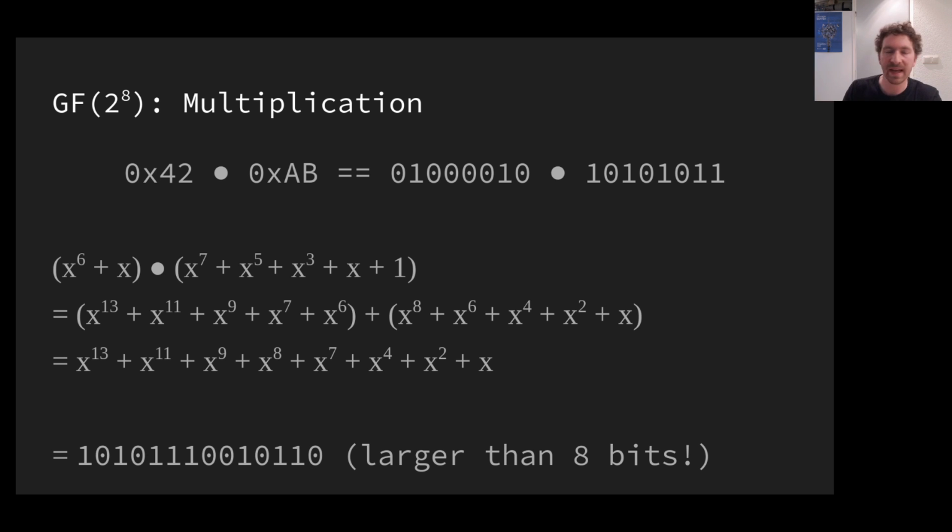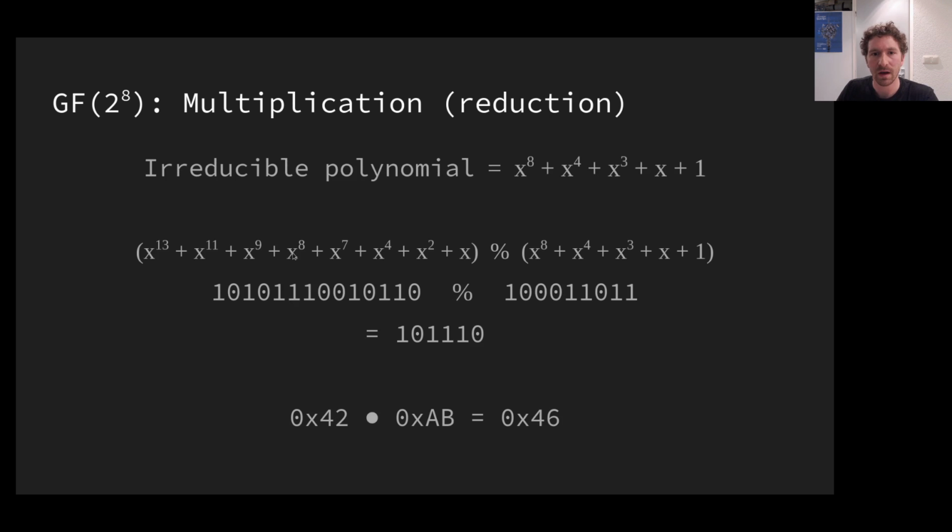When you do any kind of operation, multiplication, addition, subtraction, division, you have to get back an element that's also inside the field. So this is not the final result. We need to take this result and do one final step on it in order to get the final answer. And that step is using an irreducible polynomial.